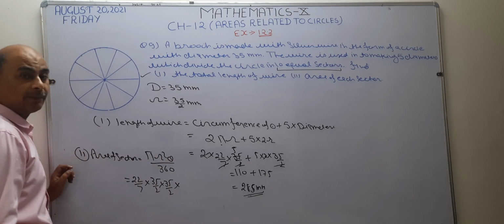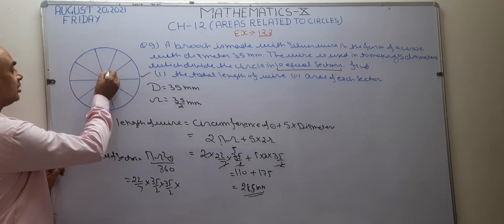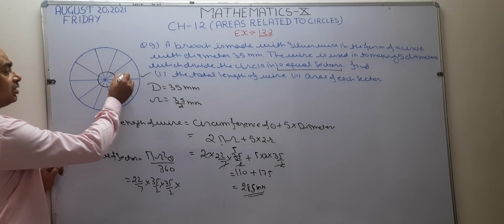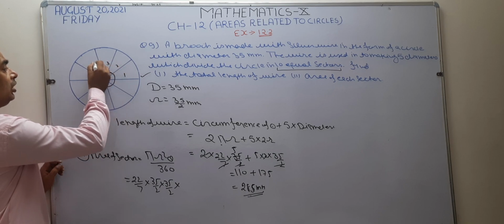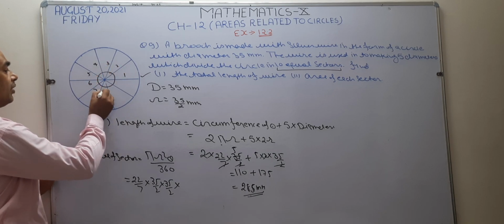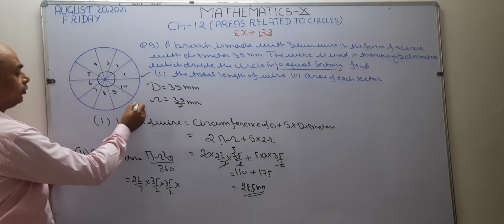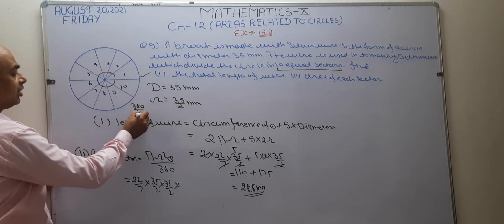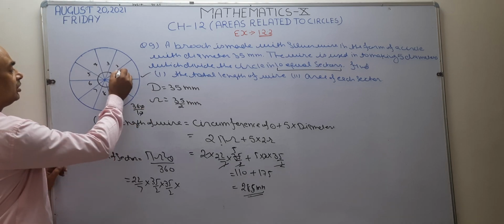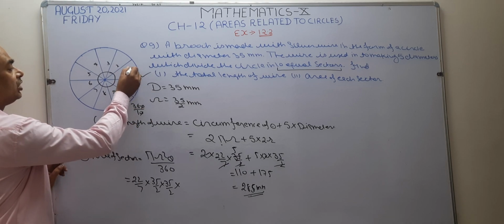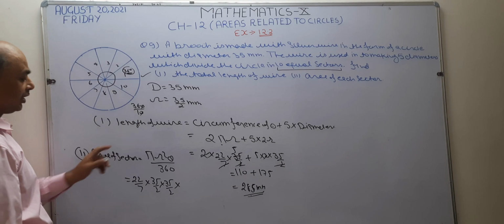What is the value of theta? Now see, how many sectors are there? 10 sectors are there. 1, 2, 3, 4, 5, 6, 7, 8, 9 and 10. And you know the complete angle is 360 degree and 10 sectors are there, divided by 10. So each sector is going to be of 36 degree. Okay, so theta becomes 36.